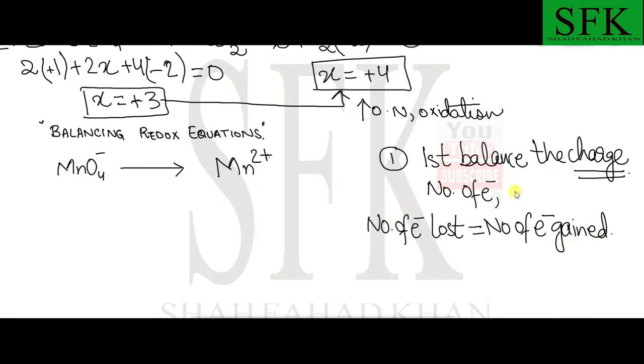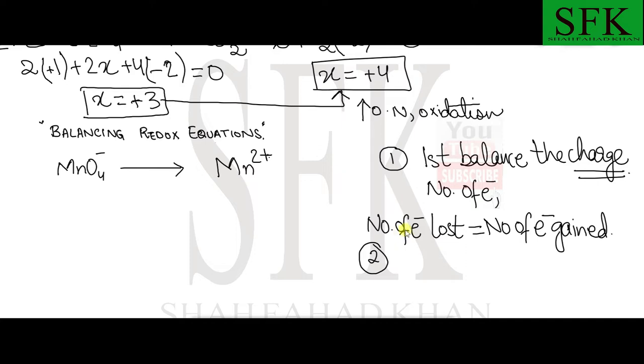So this is the first rule of redox, and we are gonna need to balance the number of electrons in both the equations. Basically, we are gonna balance the electrons from the species which is losing them, and we are gonna balance the electrons for the species which has gained them.